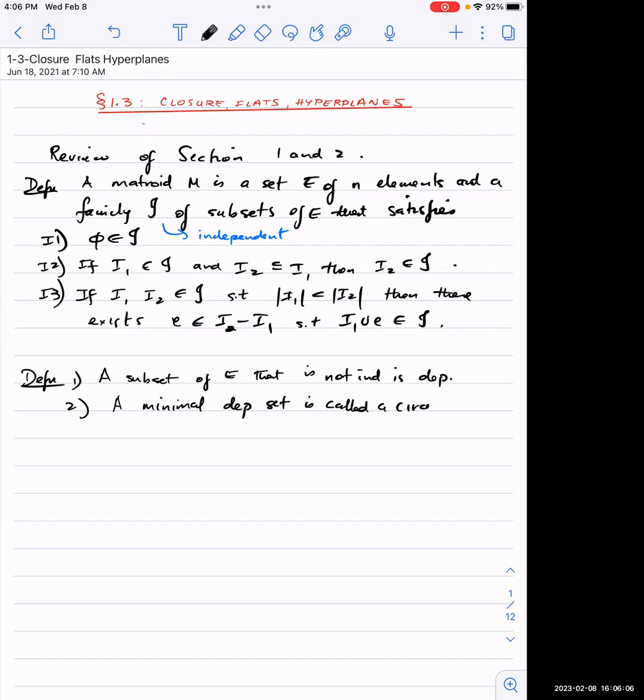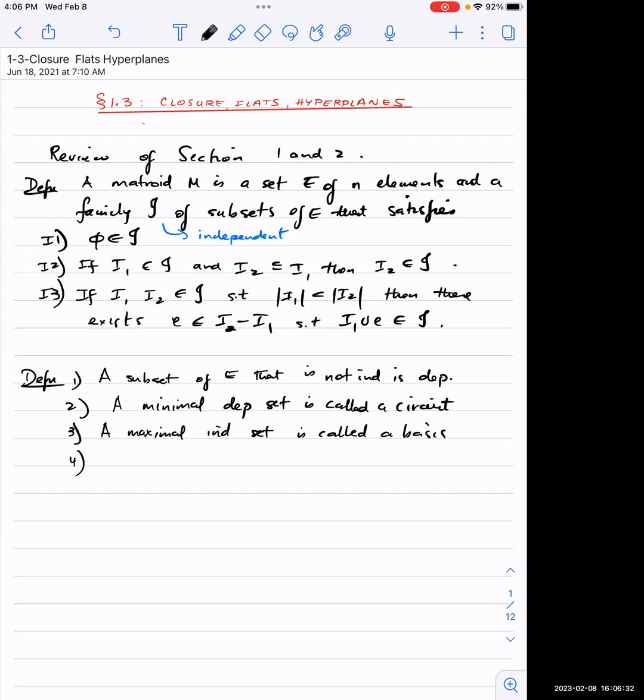And this is an unfortunate clash of terminology because the circuits here really correspond to the cycles in a graph, and circuit means something else in graph theory, and that's something you have to always remember when doing matroids. A maximal independent set is called a basis. Great name here.